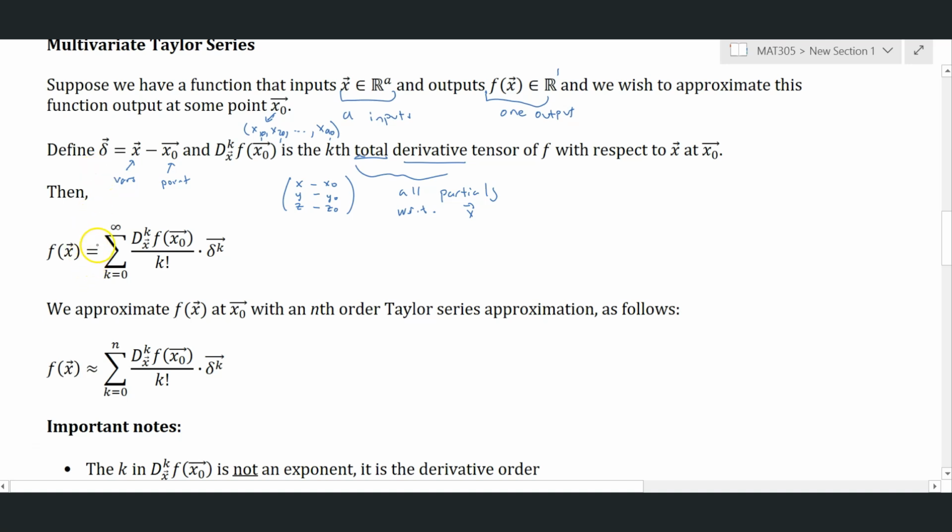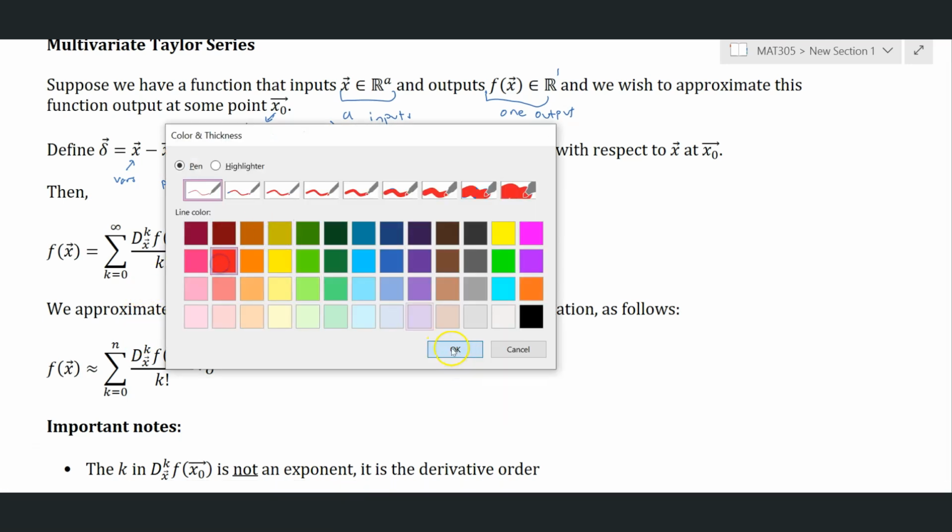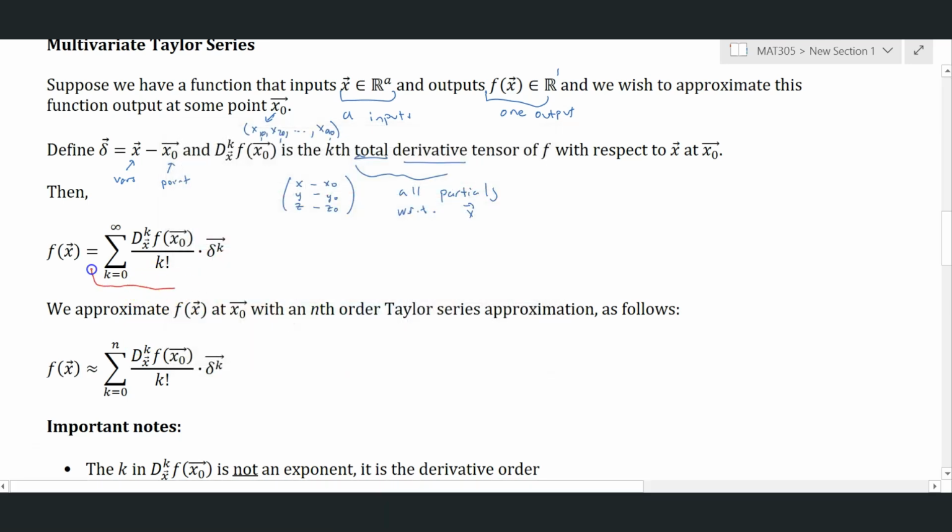Then the multivariate Taylor series says that you can get an exact fit. Notice there's an equal sign here. This would be an exact fit, but only if you used infinitely many terms in that expansion. Just like the Taylor series, it's the same kind of thing, just in the multivariate realm.